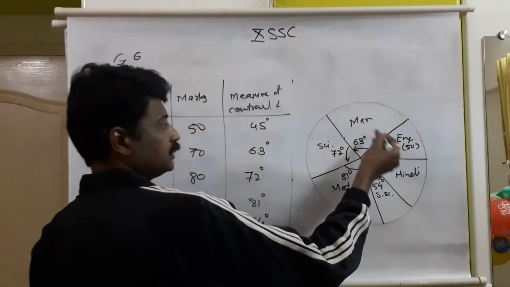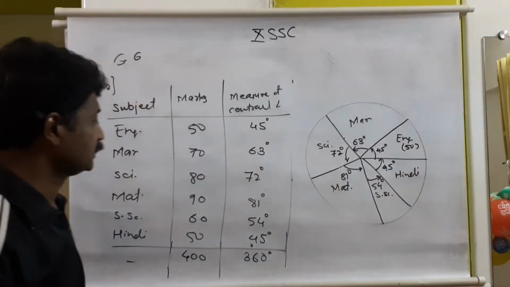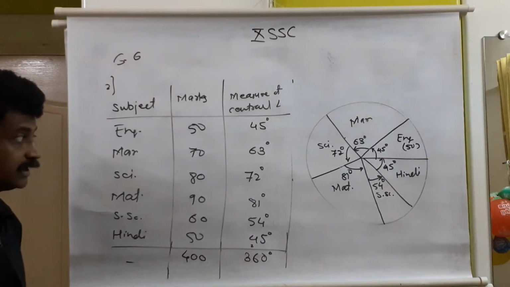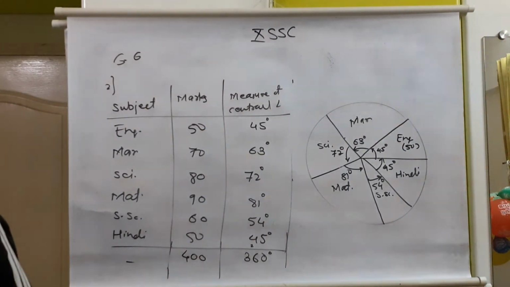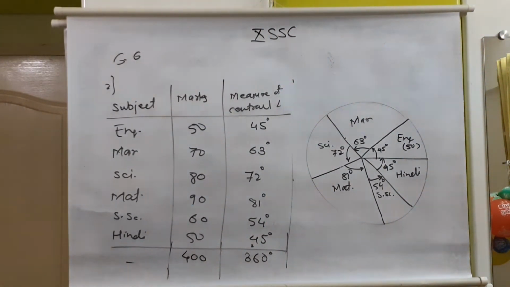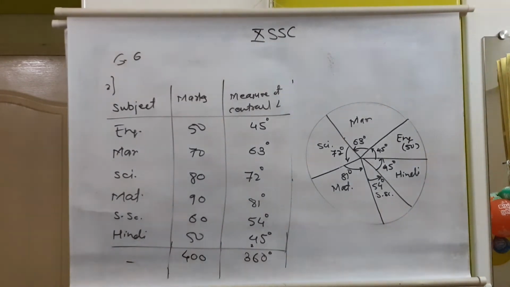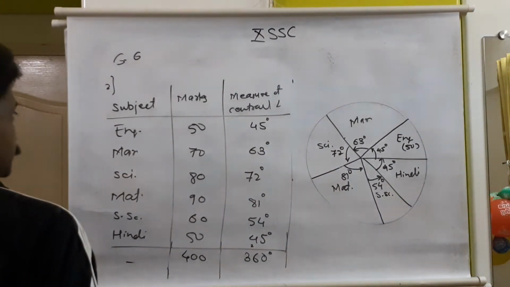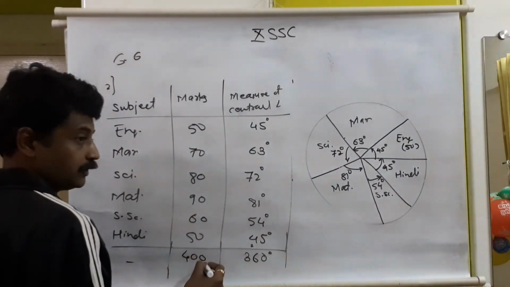Here the total angular measurement of a circle is 360 degrees, and we represented the marks scored by a child in 6 different subjects in the form of a pie diagram. For that, first we have taken the total of all the marks scored, and that total is 400.